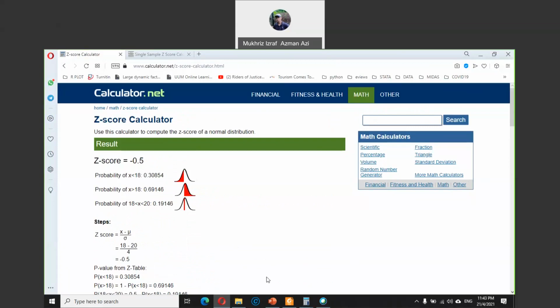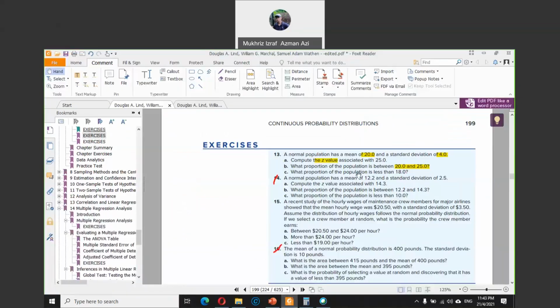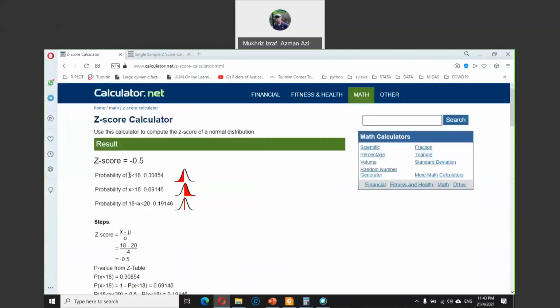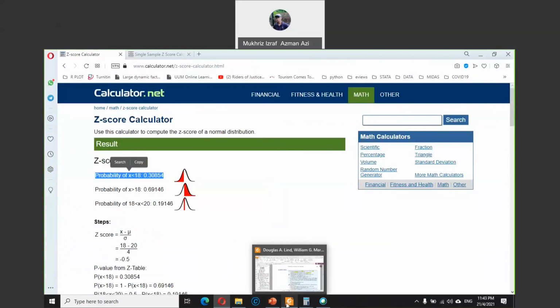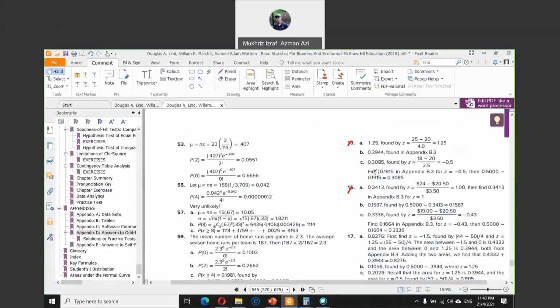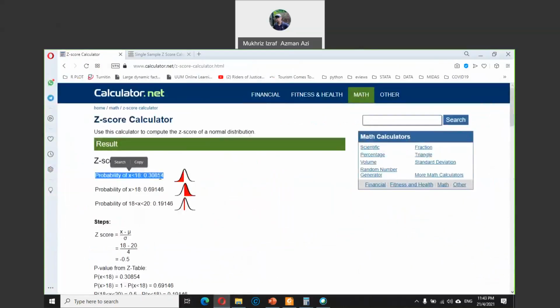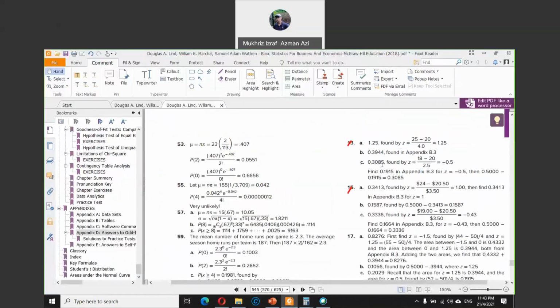The question wants you to get less than 18, so it will be this one, less than 18. So the answer is 0.3084, which is what you get here, 0.3085. Same, 0.30845. You round up, 0.3085, which is the same as here.